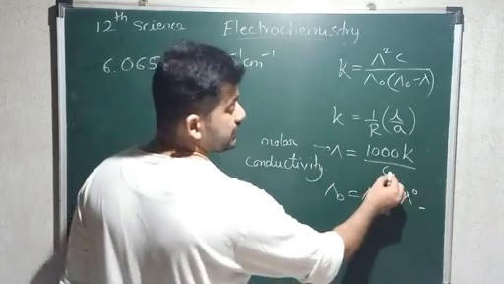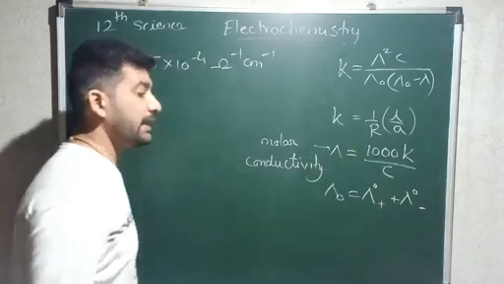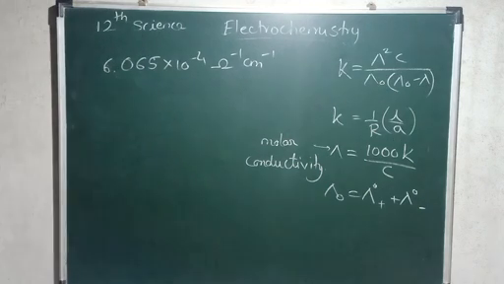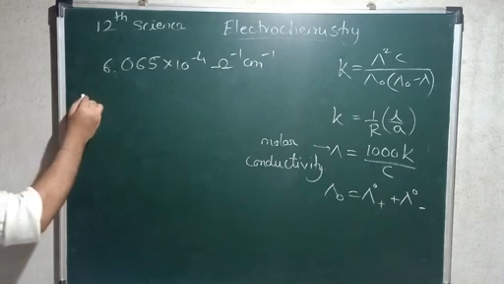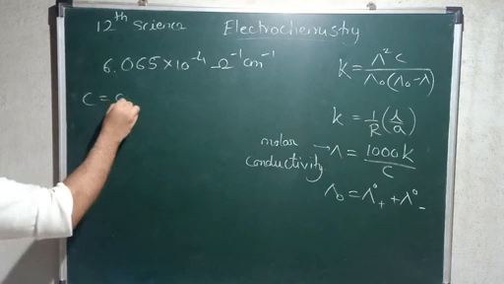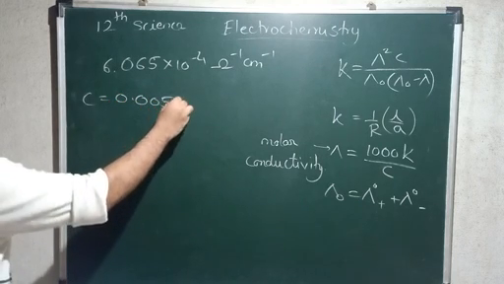Lambda is molar conductivity, C is concentration, and K is conductivity. Concentration is given to us, so we first write down the concentration, that is 0.005 molar.